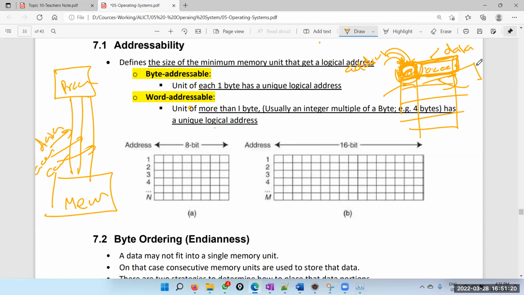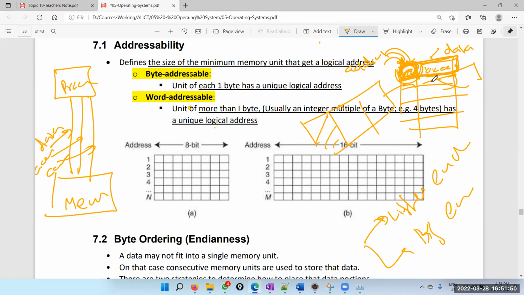Okay. So then there was another concept called byte ordering or endianness. Remember, we discussed little endian versus big endian. So if your data is too big for one memory location, that often happens, then you have to break it into maybe 2 or 3.